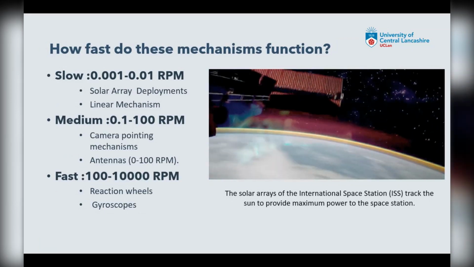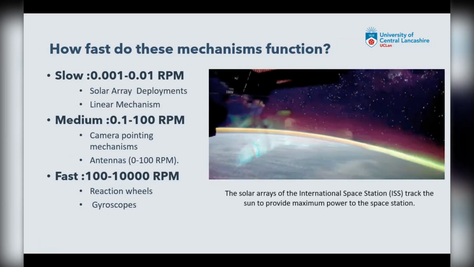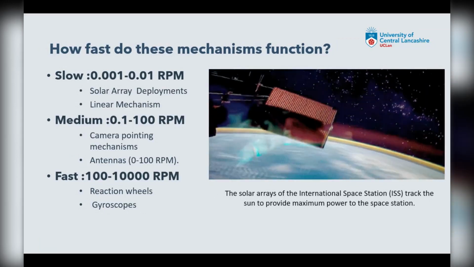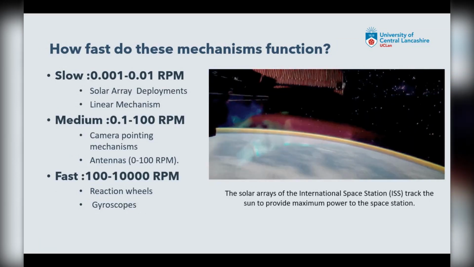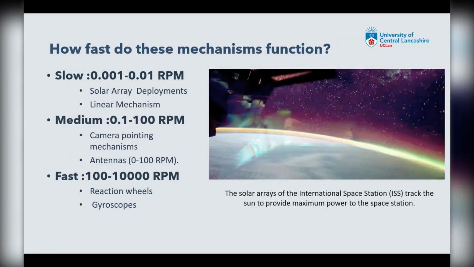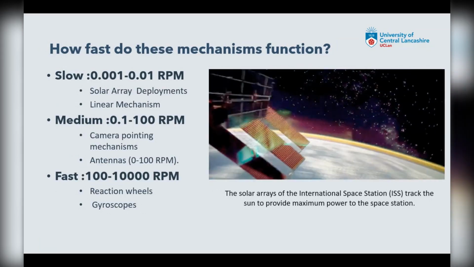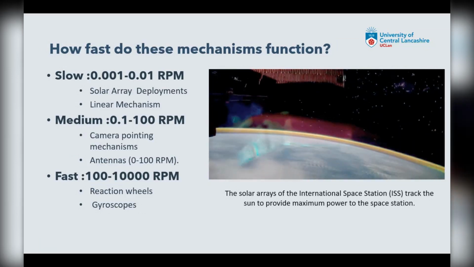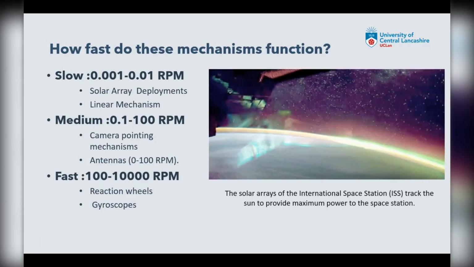This video shows the solar array of the International Space Station. This is a crucial thing to function. During the last 10 years, there was a failure in the solar array driving mechanism of the space station. There was a huge risk that the astronauts inside the ISS would lose power and the life support system because of this failure.